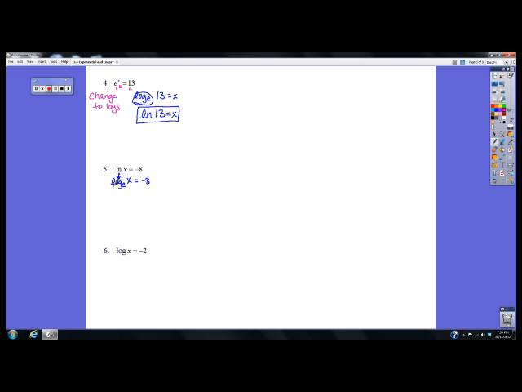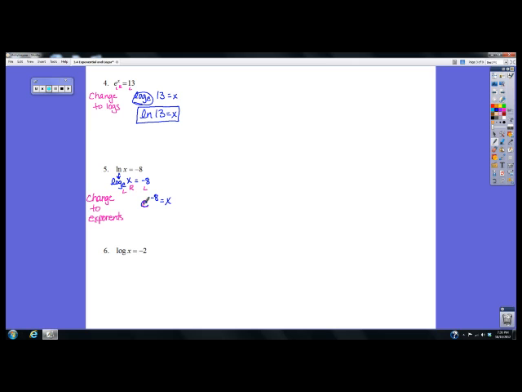If I take this out of a logarithmic equation and change it back to exponents, let's see if that helps any. So let's go left, right, left. See what happens. e to the negative 8 equals x.